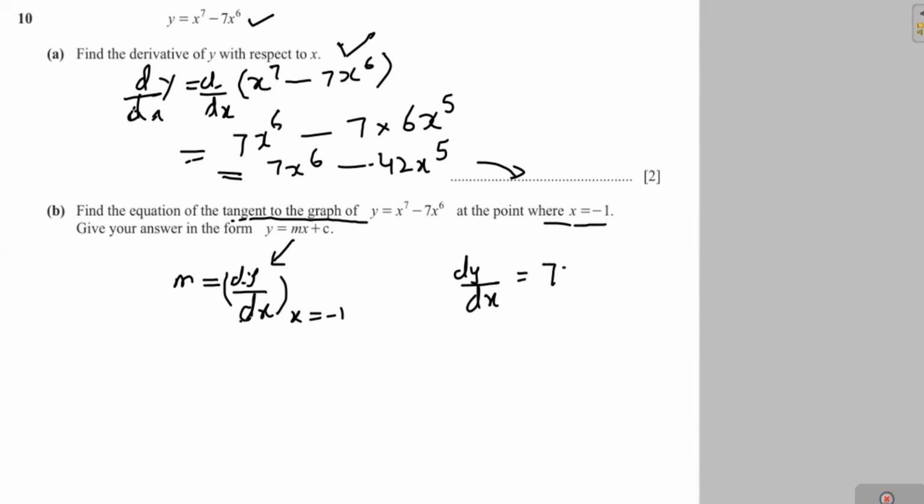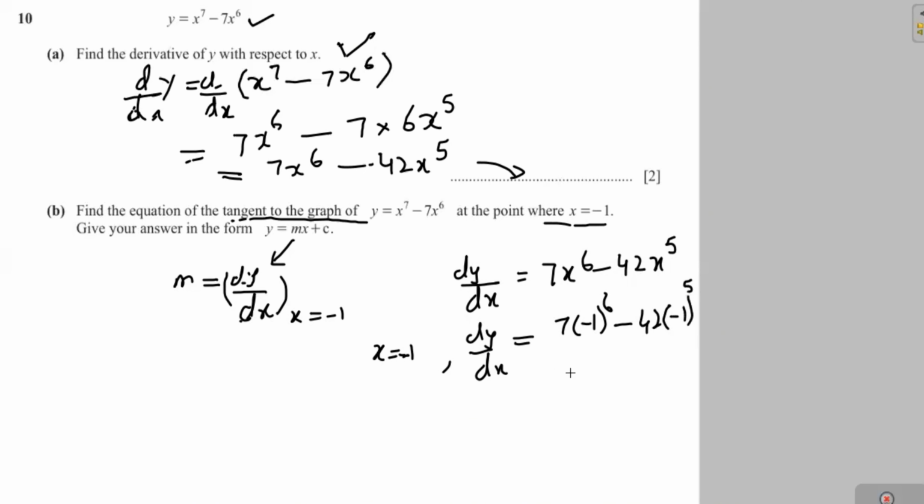Look here, the dy over dx here is 7 into x power 6 minus 42 into x power 5. When x equal to minus 1, dy over dx becomes 7 into minus 1 power 6, minus 42 into minus 1 power 5.